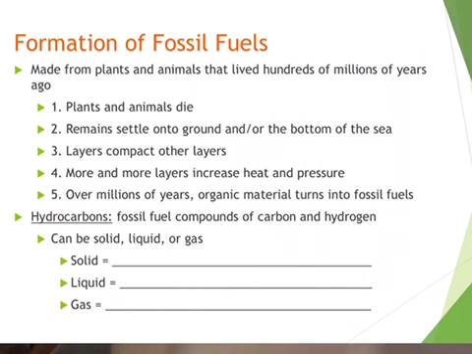These fossil fuels are made up of hydrocarbons, and hydrocarbons are fossil fuel compounds that are made up of carbon and hydrogen. These can be found in the three different states of matter: solid, liquid, and gas. Solid hydrocarbons are called coal. Liquid is called petroleum.